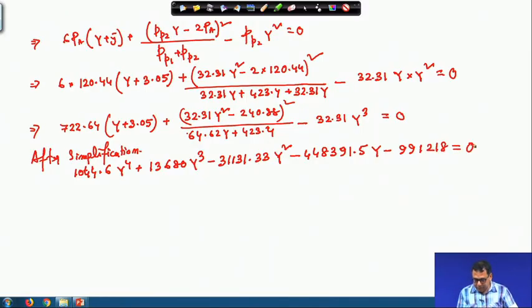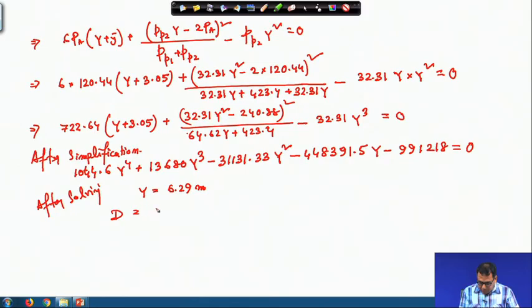So, if you solve that, we will get capital Y is 6.29 meter. Okay. You can solve it by trial and error method, or if you have a calculator, you can solve the cubic equation and use that, or solve it by trial and error method. Okay. So, 6.29 is the solution of capital Y.